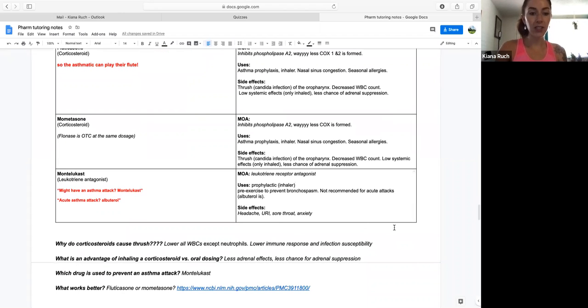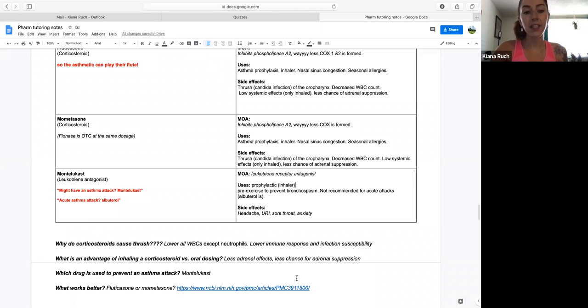A few questions. Why do corticosteroids cause thrush? So you'll learn this a little bit more in quarter 2 of Pharm, but corticosteroids will lower all of the white blood cells except for neutrophils. And this decreases our available cells to have an immune response. So Candida kind of has this chance to take over when we use a corticosteroid.